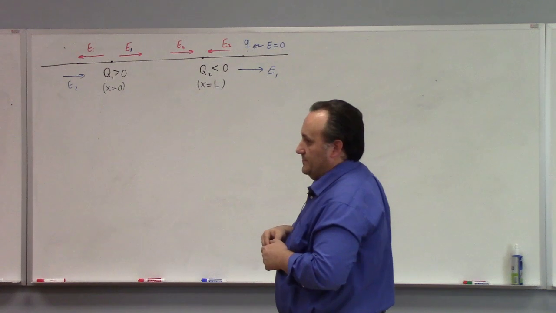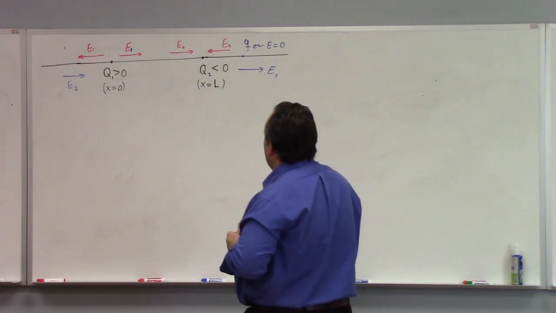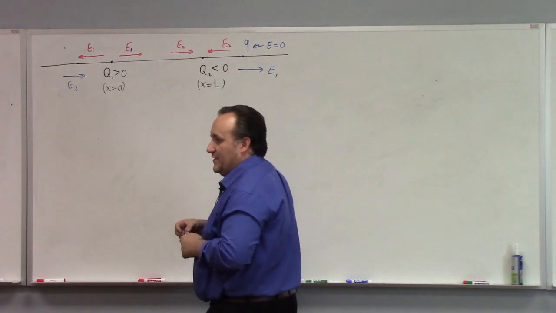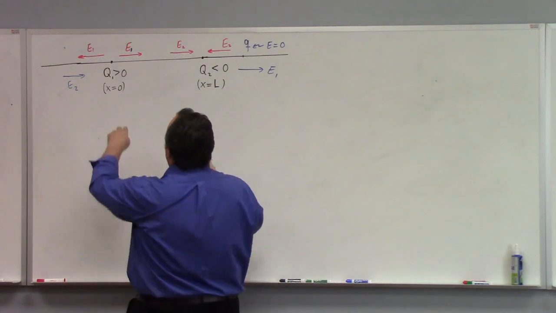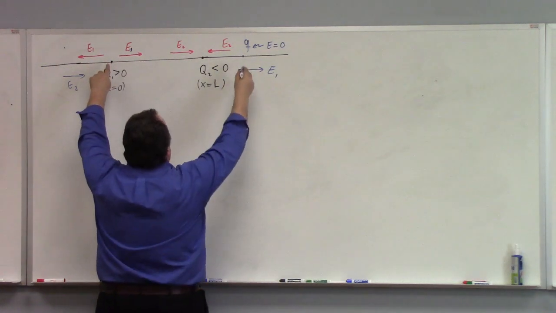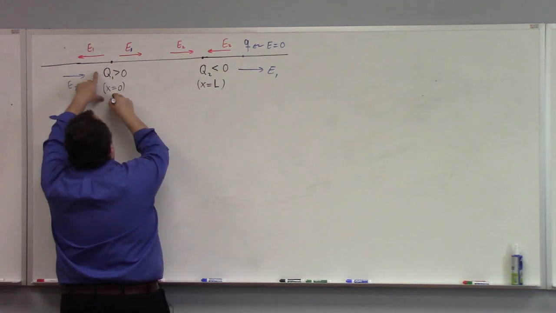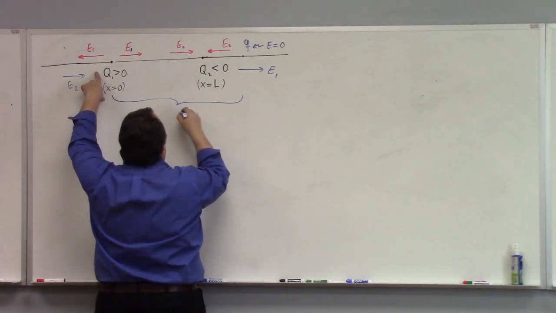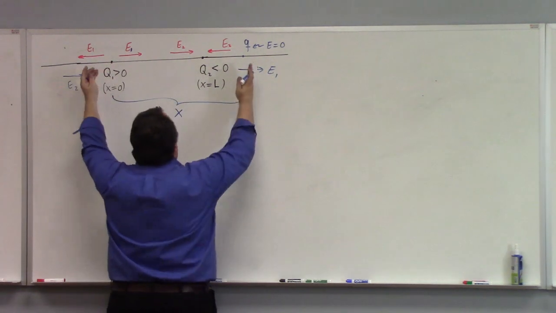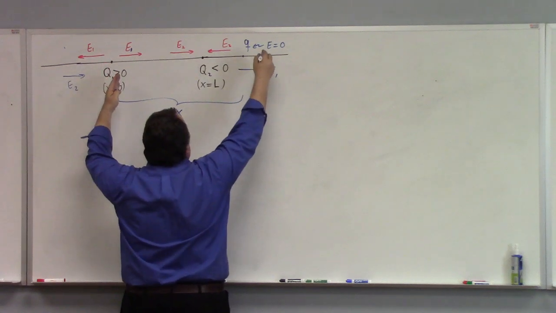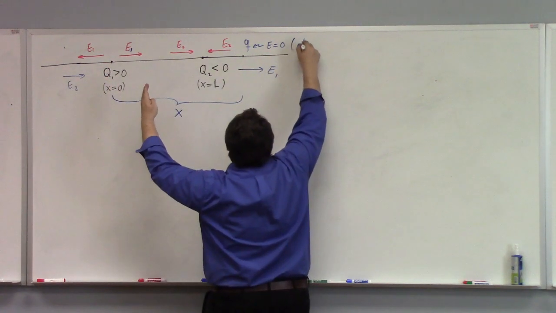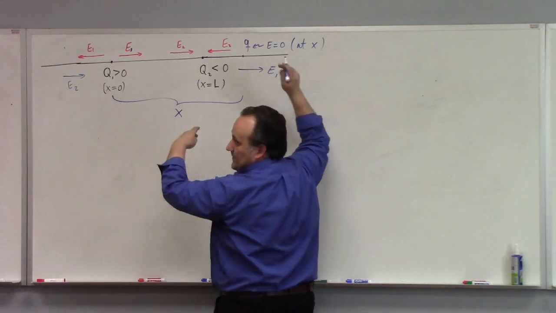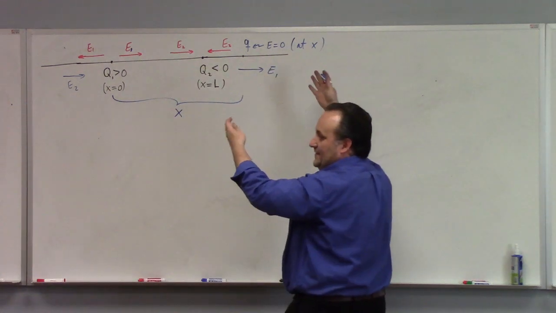All right, so then what? I've got labels in the way of everything. This is x equal to 0, so let's say that this distance is x. The specific x. We're trying to find that x.